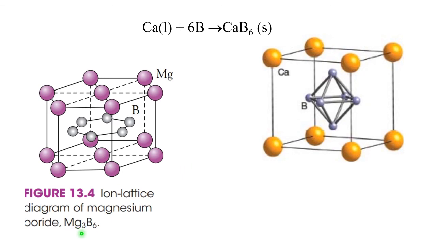With magnesium, Mg3B6 has boron as a flat hexagon, and then you have magnesium ions above and below that. There are plenty of other known borides of different composition, and they have an enormous number of variable industrial uses.